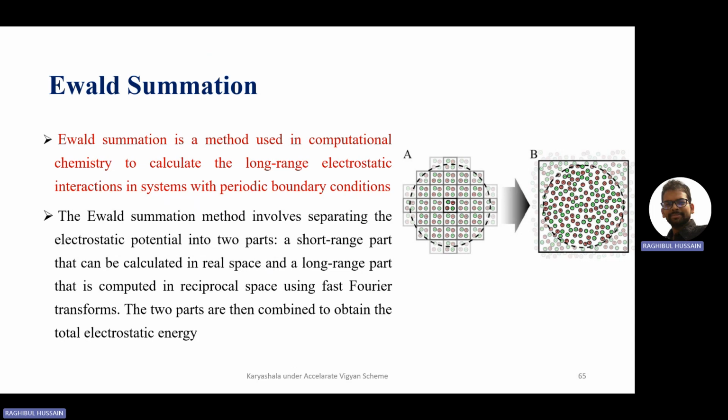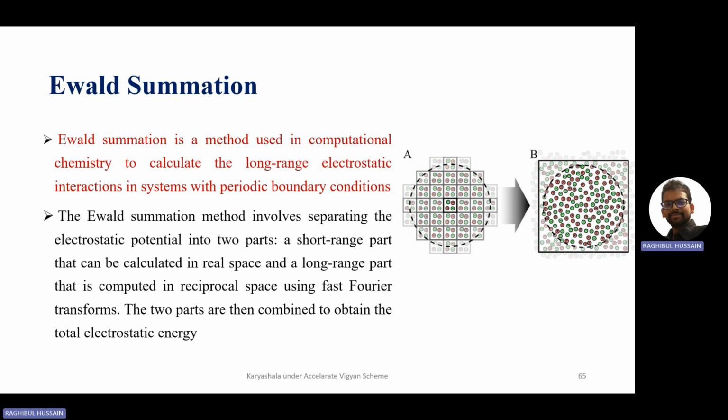So Ewald summation has acceptance in various molecular dynamics packages, whether you use PPPM, just like LAMMPS, or PME, just like NAMD or GROMACS. Ewald summation is a method used in computational chemistry to calculate the long-range electrostatic interaction in systems with periodic boundary condition.